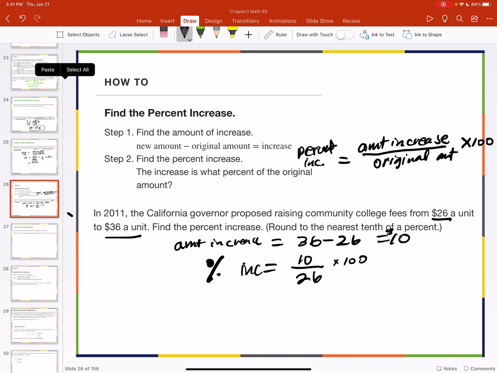So we have 10 divided by 26, and then we're going to multiply that by 100, round to the nearest tenth. So this is going to be 38.5%. So this is the percent increase. Okay.